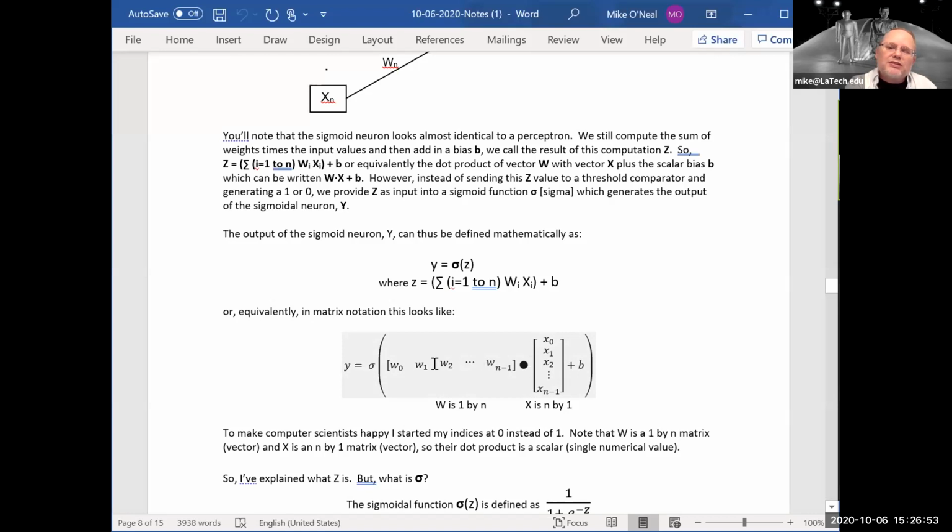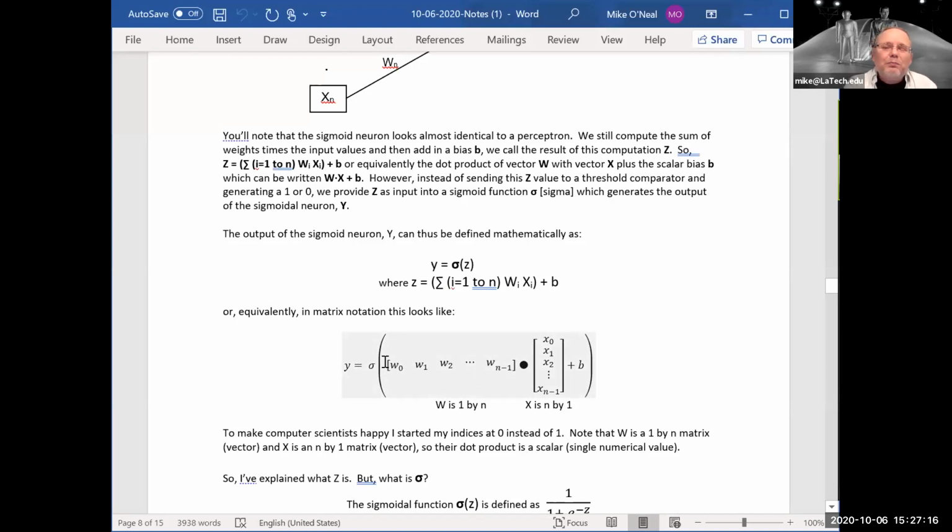Well, what's everything in these parentheses? It's z. Well, what is z? You can express z as the weight vector times the input vector plus the bias. The weight vector times the input vector will give you a scalar, a number, plus b. These two things are saying exactly the same thing.